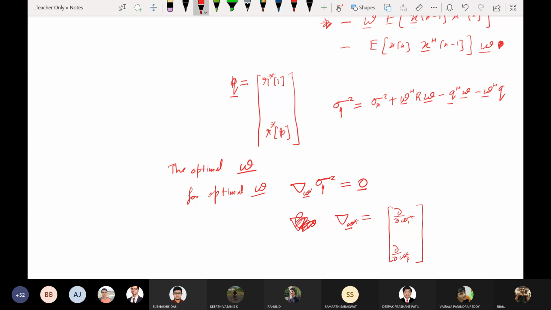This is how I define the gradient of a scalar for vectors. Makes physical sense?